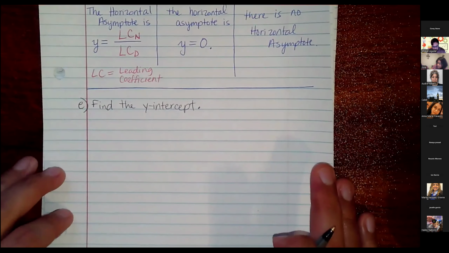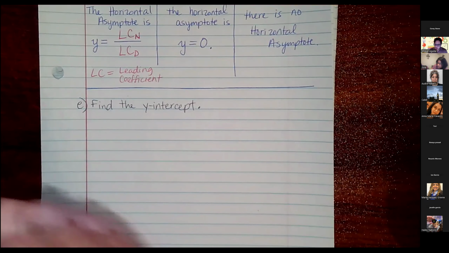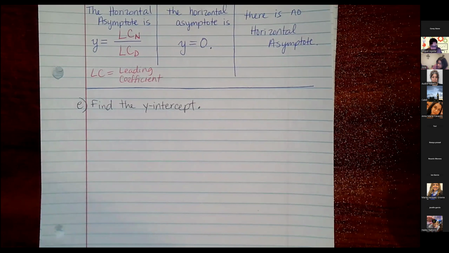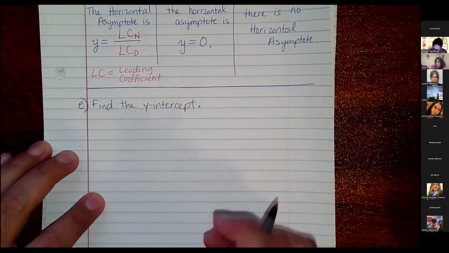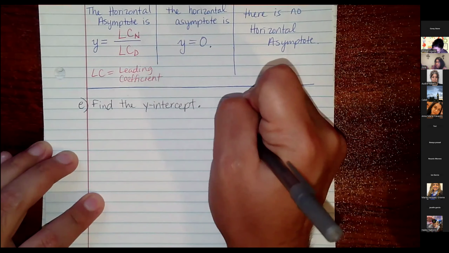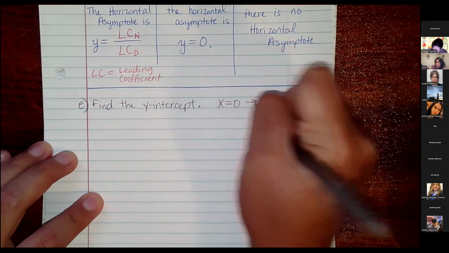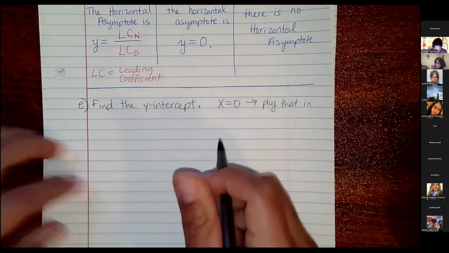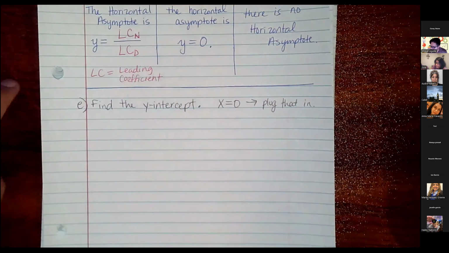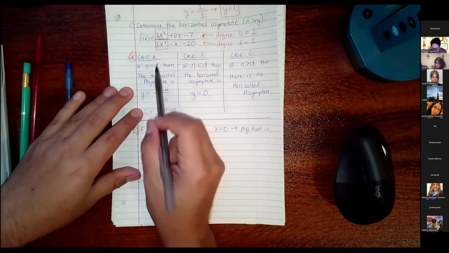So that's really nice. We're not looking for multiple y-intercepts because then that wouldn't be a function. Do you guys remember how to find the y-intercept for quadratics or polynomial functions? What was the process that we used? Plug in the 0. Yeah, so we're going to say x is equal to 0 and plug that in. So we need to bring our function back, which I'm going to zoom out so we can see the function up here.